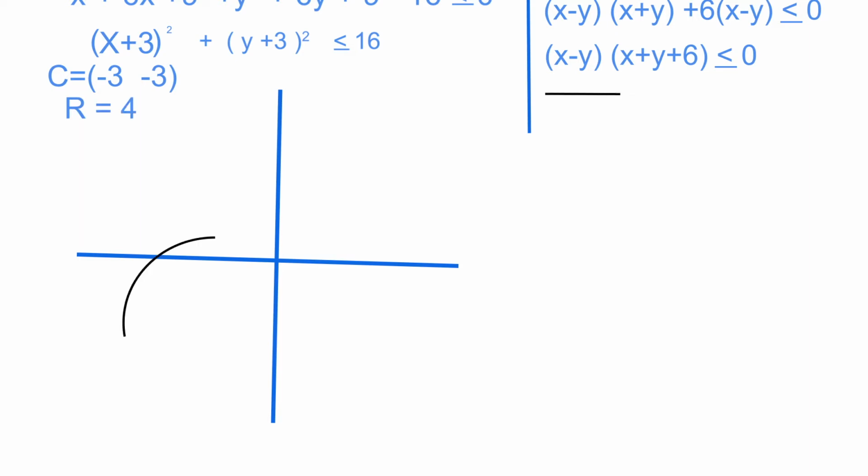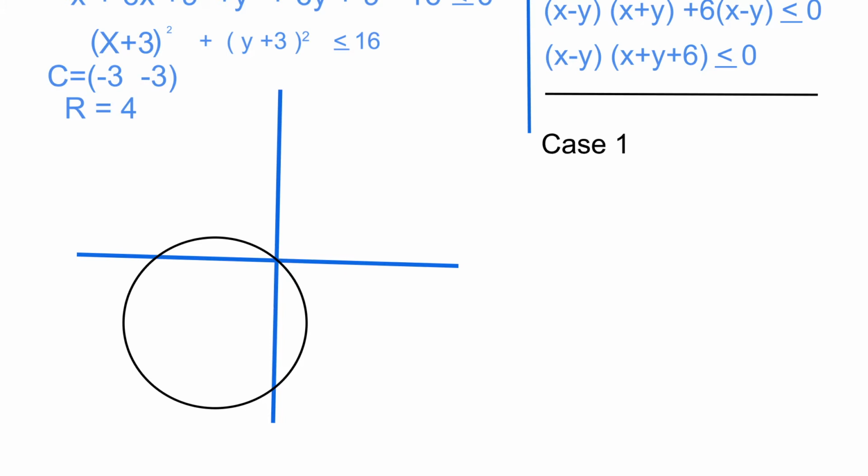And now we have to concentrate on this right here. (x minus y) times (x plus y plus 6) is less than or equal to 0. So this is true in two possible ways. The first way is if x minus y is less than or equal to 0, and the other guy is greater than or equal to 0, like that.